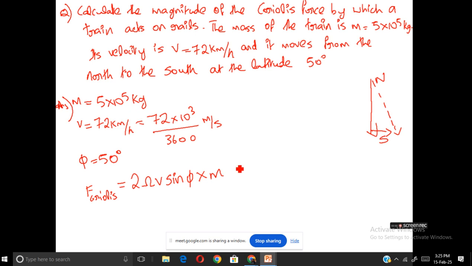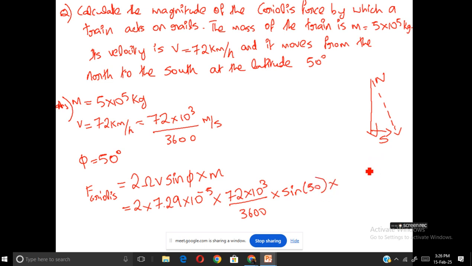So it will be 2 into 7.29 into 10 raised to minus 5 into velocity 72 into 10 raised to 3 by 3600 into sine 50 into mass. Mass is given by 5 into 10 raised to 5. Can you tell me what will be the Coriolis force acting on the body, acting on the train?